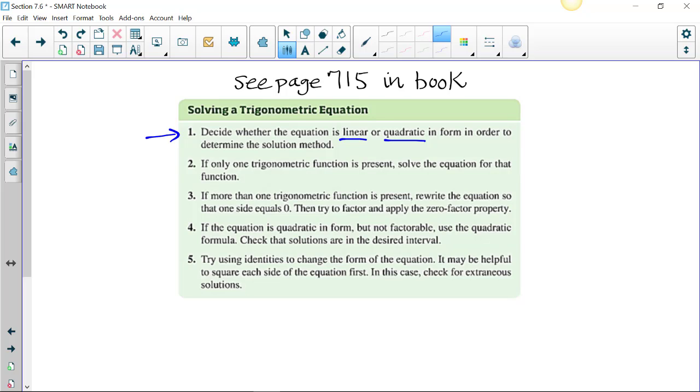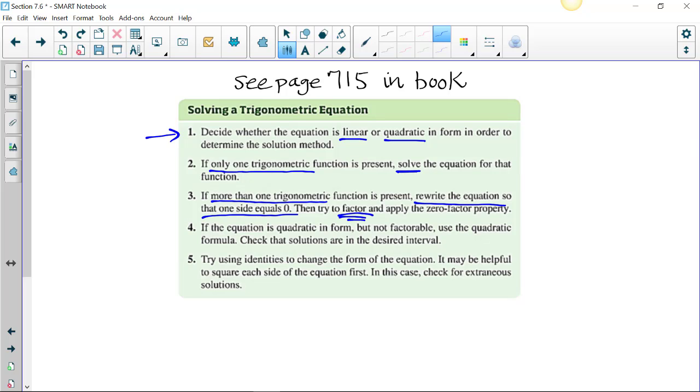If there is only one trig function present, then we want to solve for that function, so we would try to get that trig function isolated. If more than one trig function is present, then you want to rewrite it so that one side equals 0.